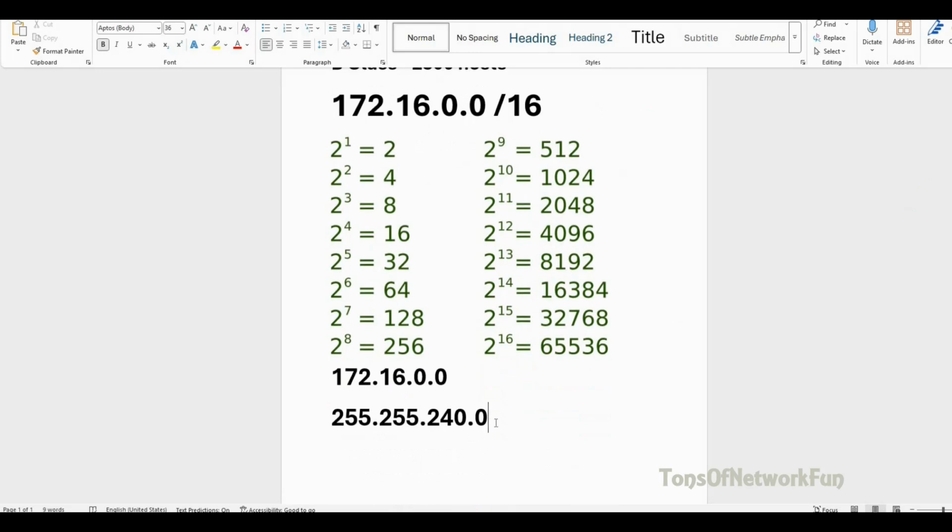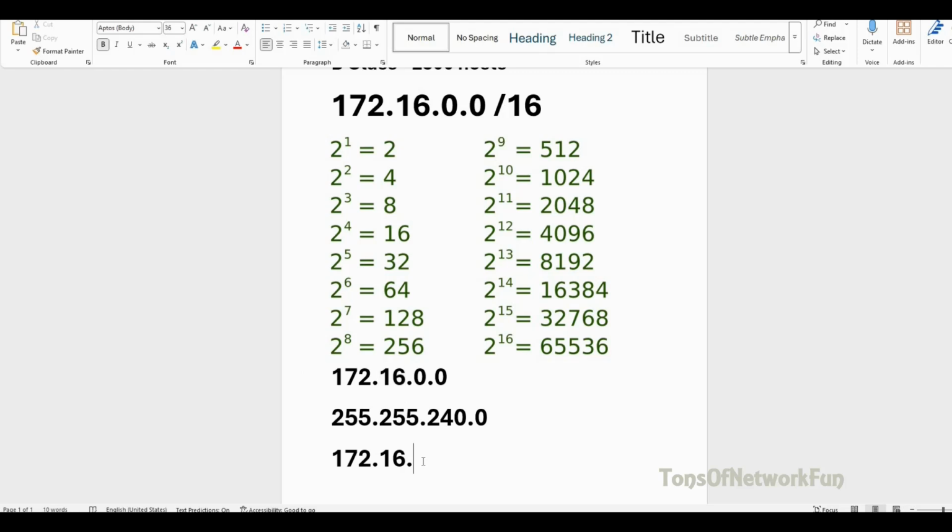Now the broadcast. The block size is 16, right? So it goes from 172.16.0.0, so 0 plus 16 minus 1 is 15, because we cannot use the entire 16 block size. We have to minus 1.